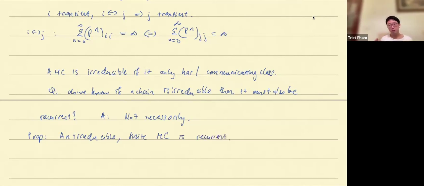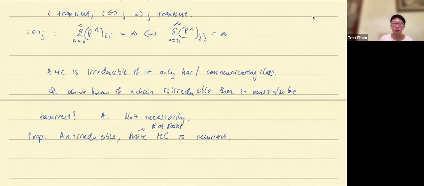This proposition tells us what's going on with this question. By itself, irreducibility is not enough, but we need an extra condition called finite. Finite here refers to the number of states. If you have a finite number of states, then irreducibility is sufficient to guarantee recurrence.